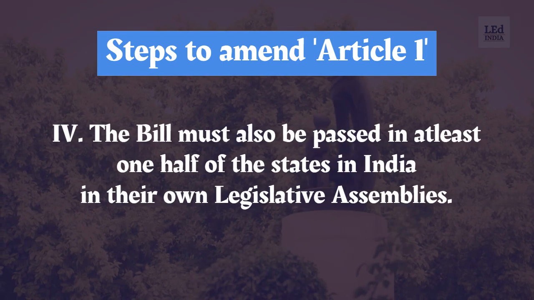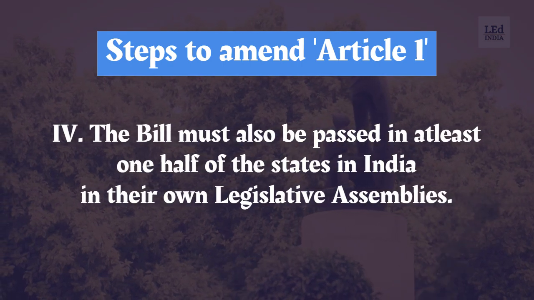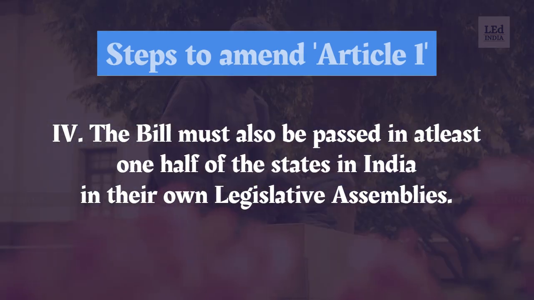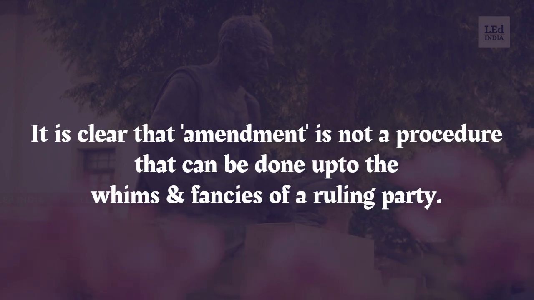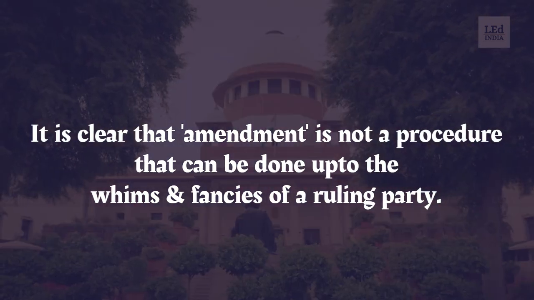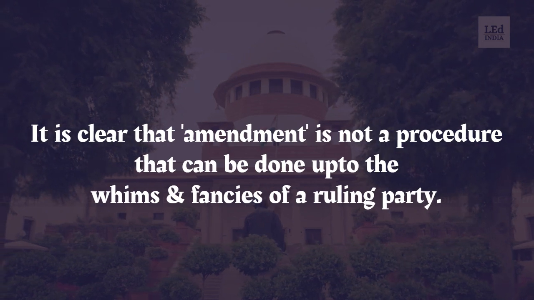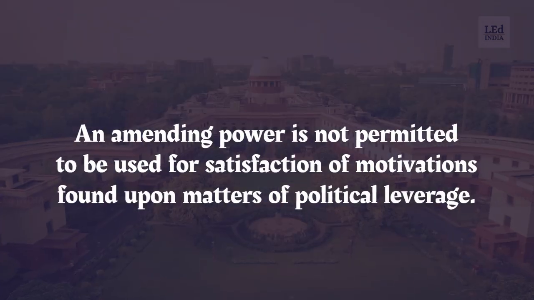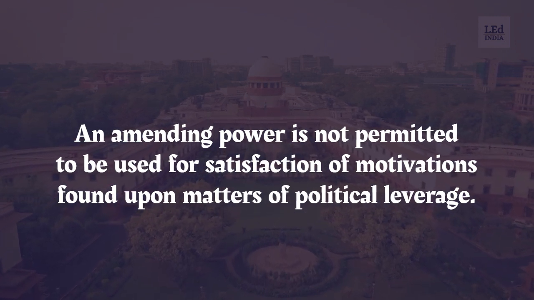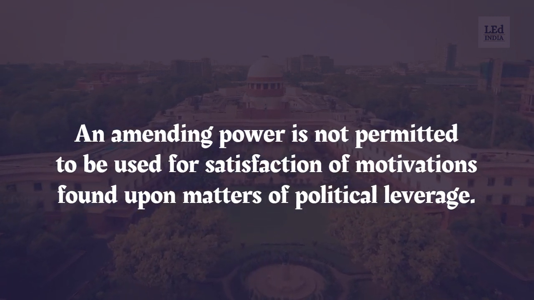And fourth, the bill has to be passed by at least one half of the states in India in their own assemblies. This process is extremely meticulous. As is evident, only those governments with a majority in both houses and states can pass an amendment seamlessly. But considering the political diversity in India, amendments are not an easy procedure to conduct.